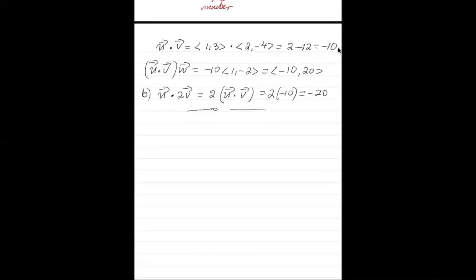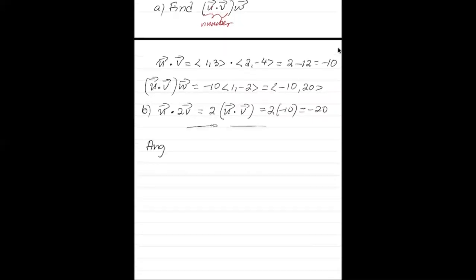Okay, let's talk about the angle between two vectors. Let's draw a picture. We have some vector u and another vector v. We want to know how to find this angle, call it theta, between them.